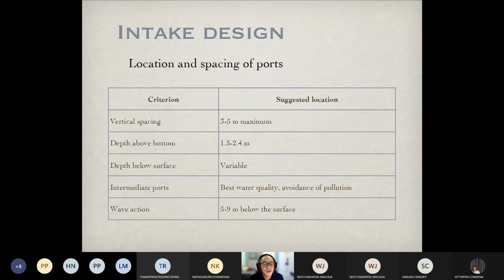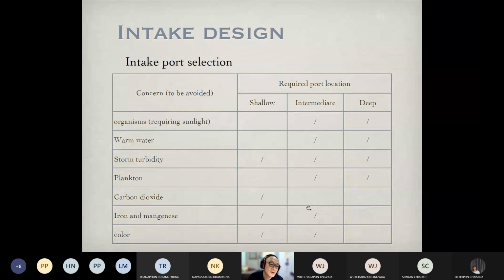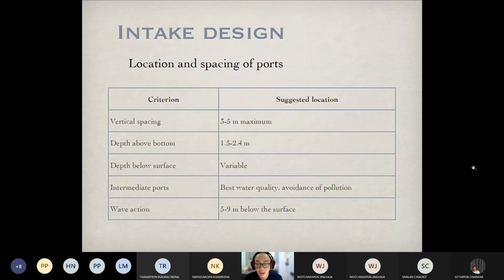Intermediate port usually gives the best water qualities. If you go back to these slides, you will find you are not recommended to withdraw the water from both shallow and the deep port, but intermediate port seems to be the best if we want to withdraw the water.